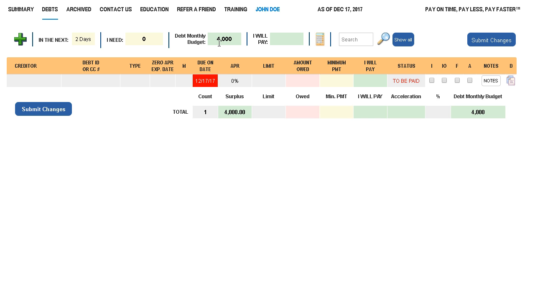For example, taking money from your cash entertainment, in other words, going out less and using that money to increase your debt monthly budget, and at the same time you will be accelerating your debt payments as much as possible.